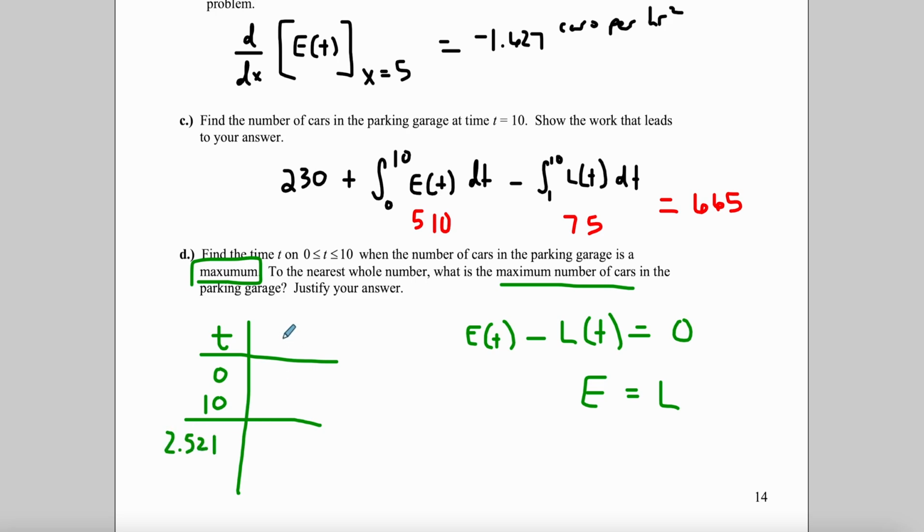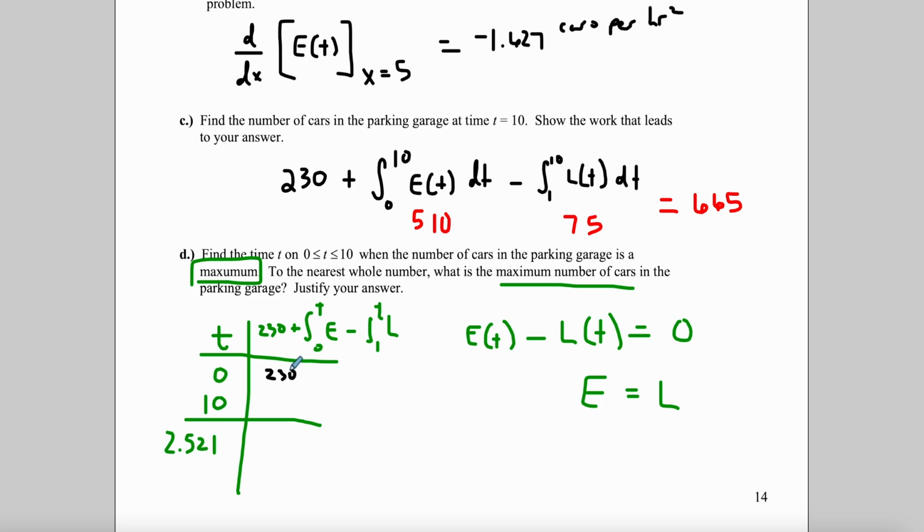Now, to answer this column, you need to take that 230, add in the integral from 0 to t of E, and then subtract the integral from 1 to t of L. Nice part is at 0 it was 230.